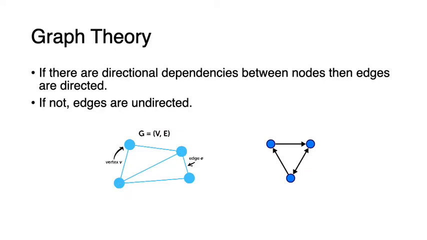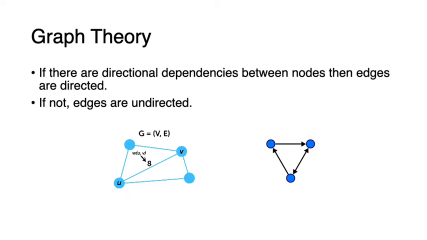And a graph can be either directed or undirected. If there are directional dependencies between nodes, then edges are directed, and if not, then edges are undirected. We can see here that the graph on the left side is an undirected graph. Here there are no directional dependencies between the nodes and edges.